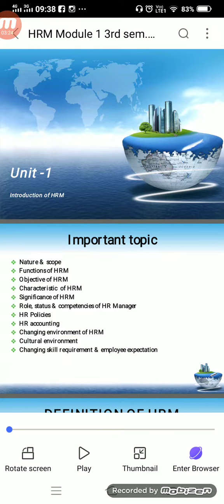These are the important topics we have to learn from the first module of HRM.